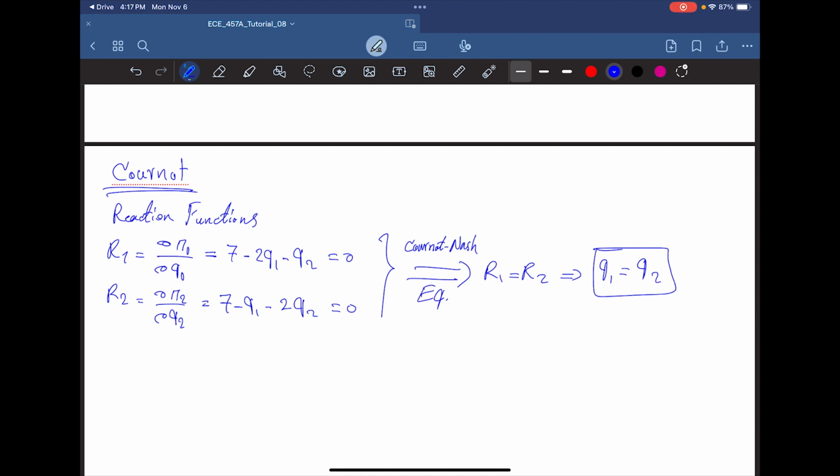So that would be R1 equals 7 minus 2Q1 minus Q1 equals 0. And Q1 is 7 over 3, which is equal to Q2 as well.